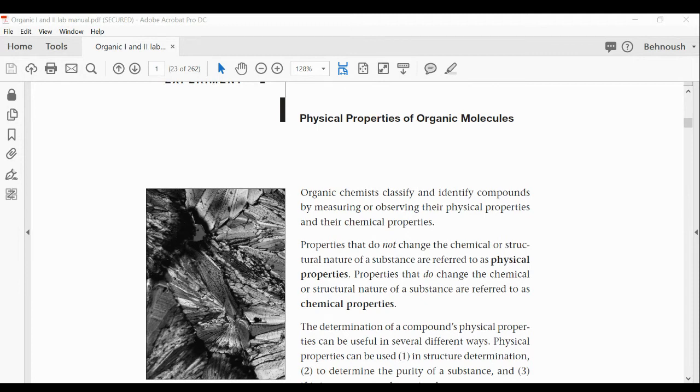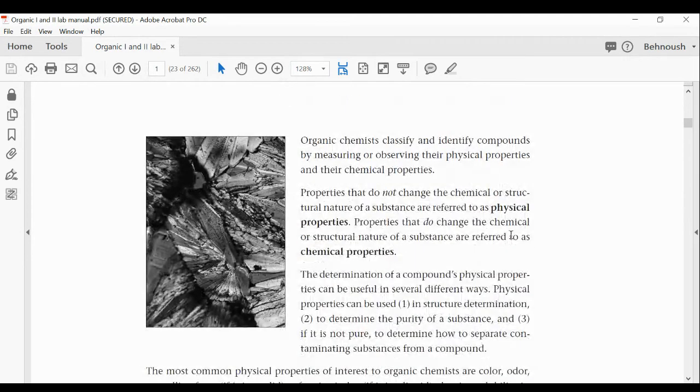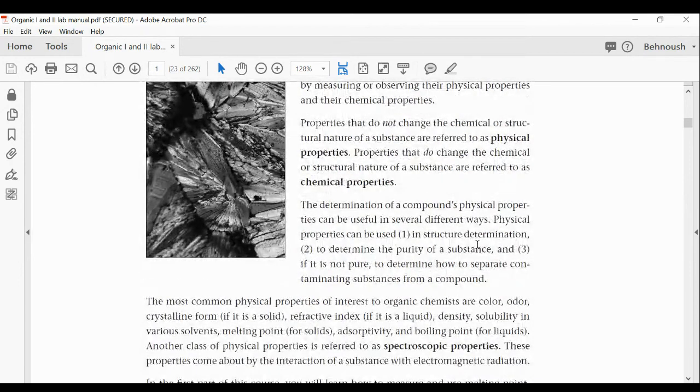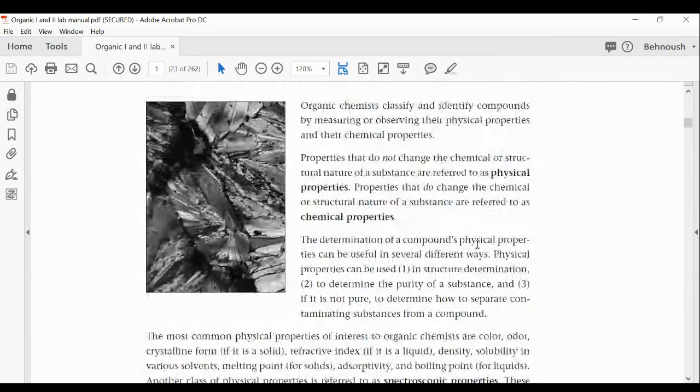Okay, let's go back to the lab notebook. I'm sorry, ebook. So organic compounds with the physical property, you can measure physical property to identify compounds. You can measure physical properties to determine purity.